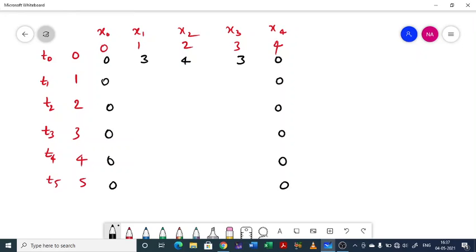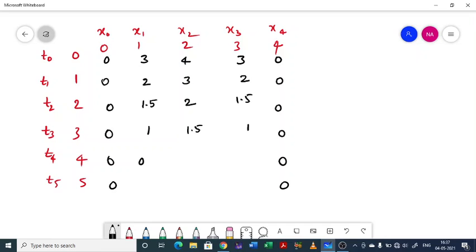Similarly, we get next row 2, 3, 2, 1.5, 2, 1.5. Then we get 1, 1.5, 1.